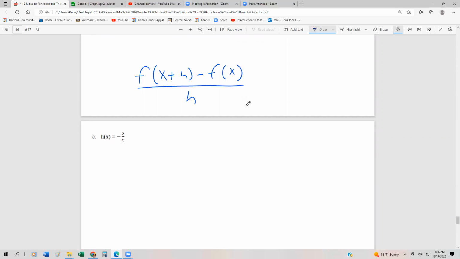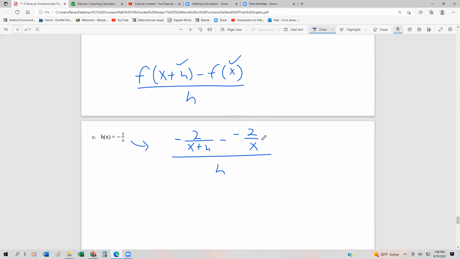Here's our difference quotient. We're going to start by plugging in x plus h. So this is now going to become negative 2 over x plus h minus a negative 2 over x. That's f of x plus h minus f of x, and then we're going to divide that by h.